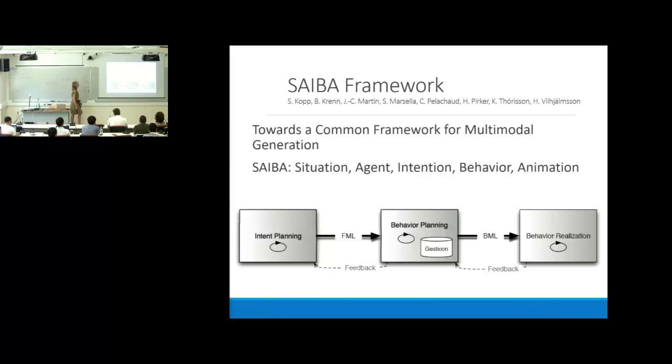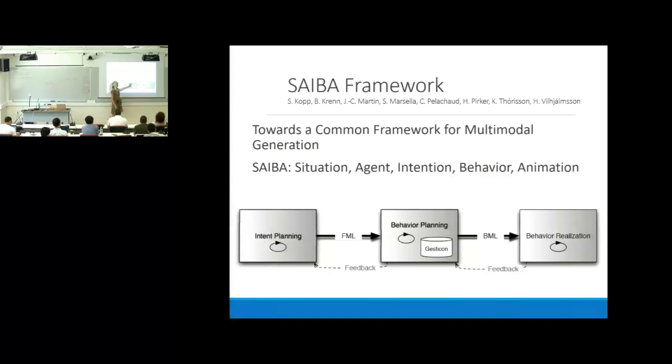Okay, so let's go to the creation of the virtual agent. Often we rely in our community on what is called the SAIBA framework, which was defined some years ago, where we have 3 different parts for creating the virtual agent. One is called intent planning, to decide what to say, with some high-level information on how to say it.